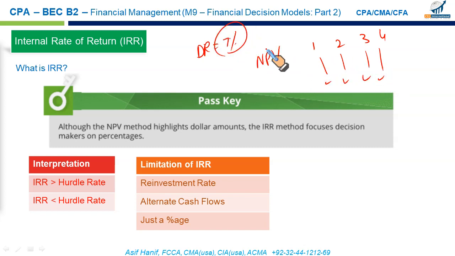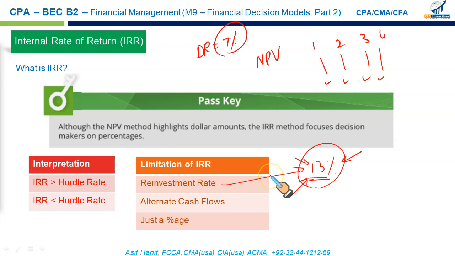But when you are using IRR, let's say the IRR generated is 13%, the assumption that the cash flows generated by the project are reinvested at 13% is unrealistic. Maybe there is no such opportunity in the market to reinvest at a 13% rate.